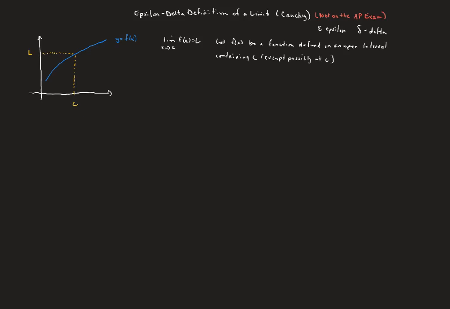So the function is defined on the interval which contains c, but the function may or may not be defined at c. And then we're going to say let L be a real number.